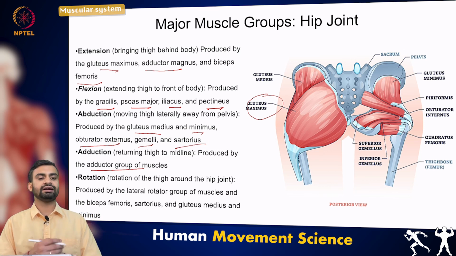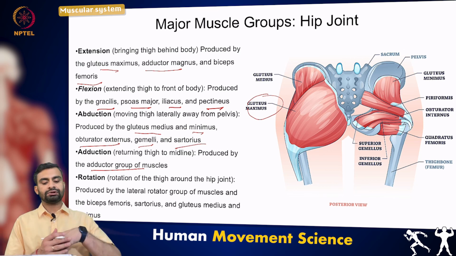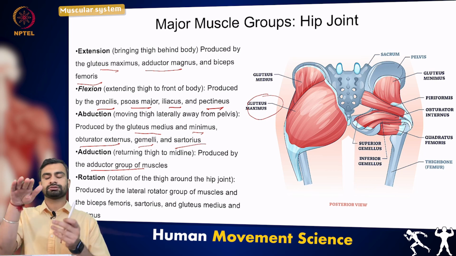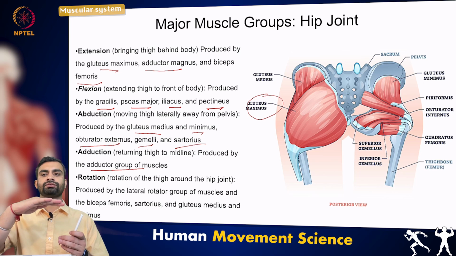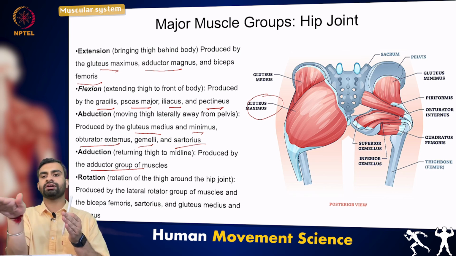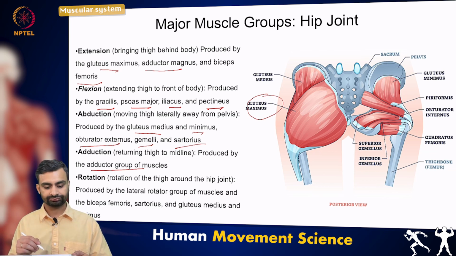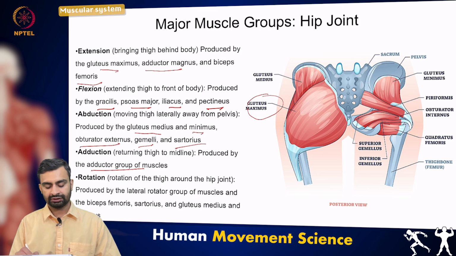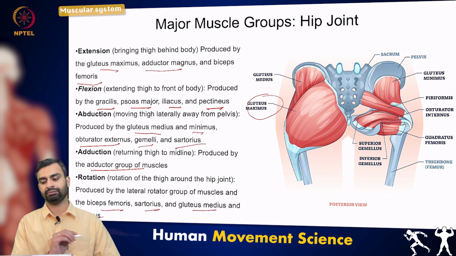In addition to that, there is rotation at the hip joint, where, if you are standing, you are bringing your foot towards the midline of the body or away from it. It is being produced by the lateral rotator group and biceps femoris, sartorius, and gluteus medius and minimus.